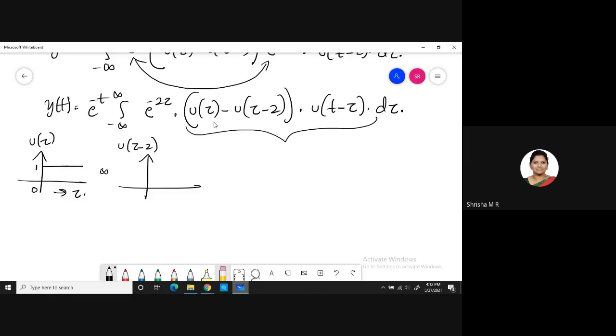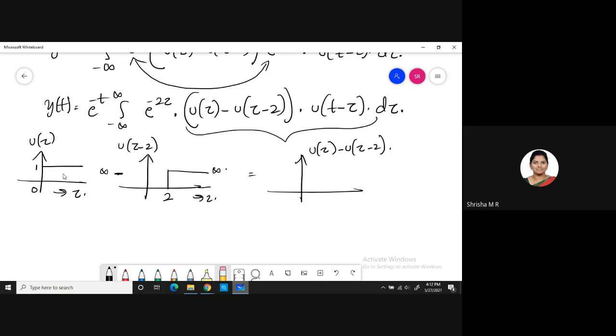U of tau minus 2, right shift or left shift? Right shift, ma'am. Right shift, and it will start from plus 2 and it will go up to infinity. Okay, so if you subtract these two signals, what you will get? U of tau minus u of tau minus 2. It is like u of t minus u of t minus 2.